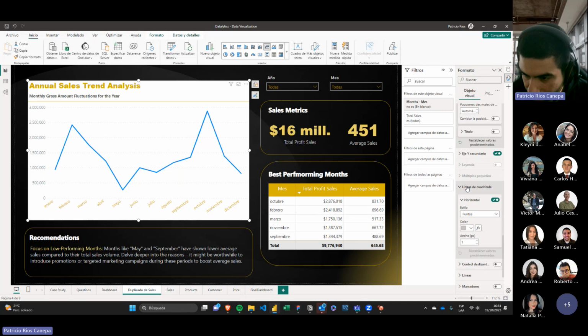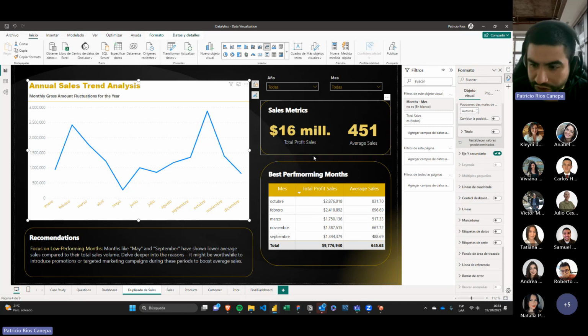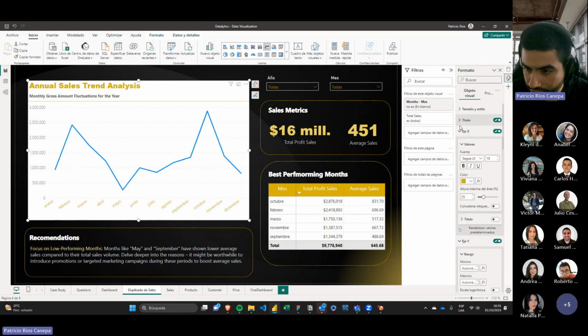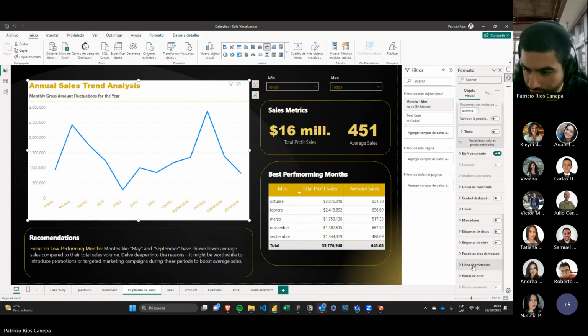if we scroll a little bit down, we would like to get rid of the background. And we'll take away the secondary X, Y-axis.